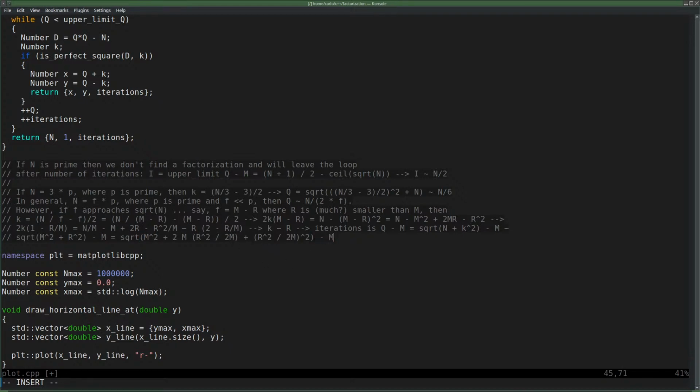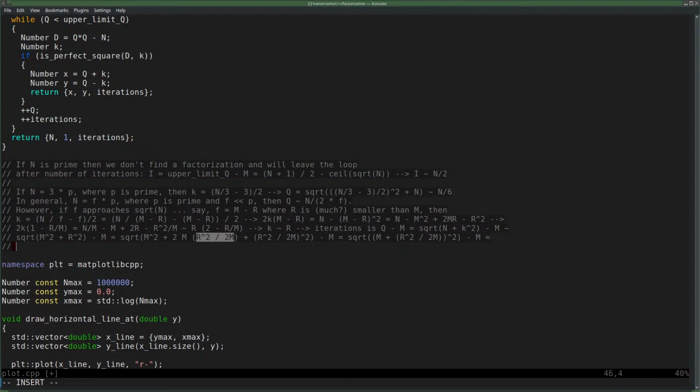Minus m is the square root of m plus that squared minus m is... something is missing here.